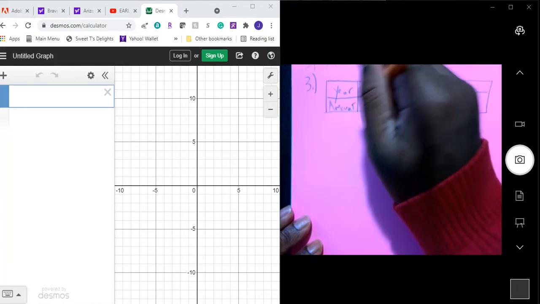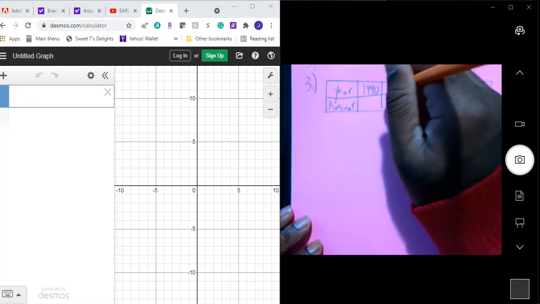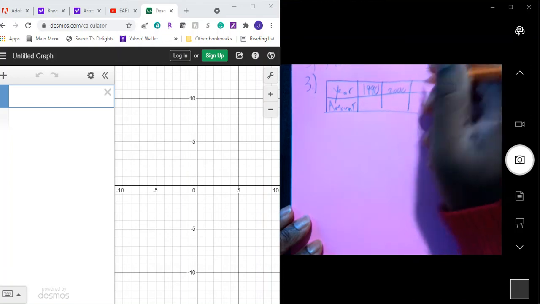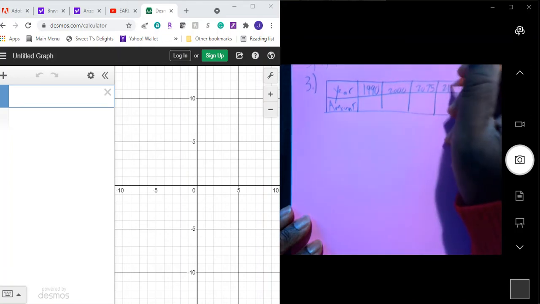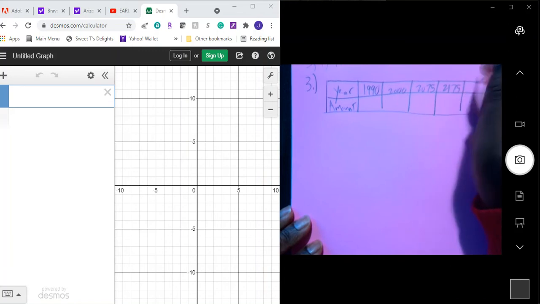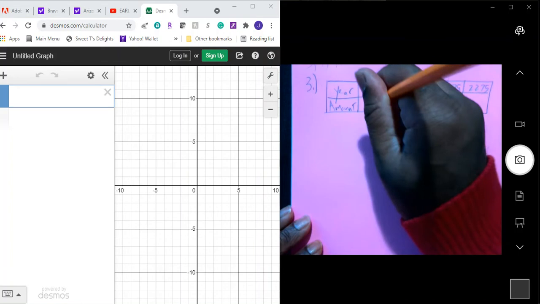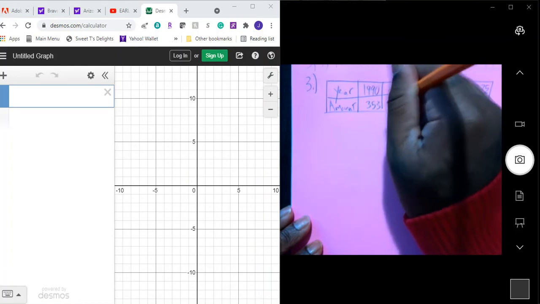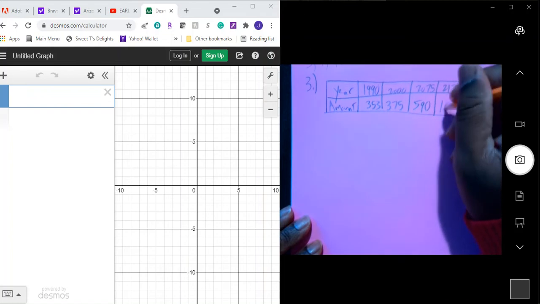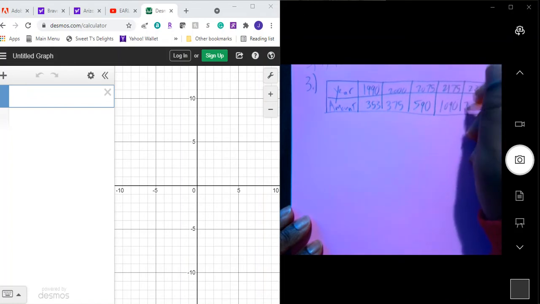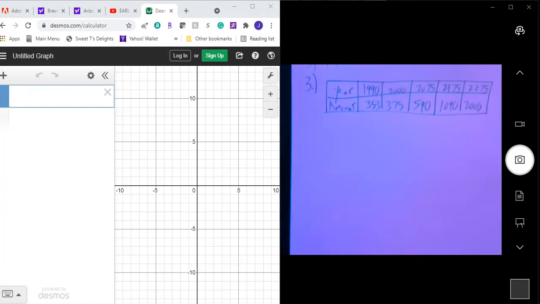So we had 1990, 2000, 2075, 2175, and 2275. So we had 353, 375, 590, 1090, and 2000.